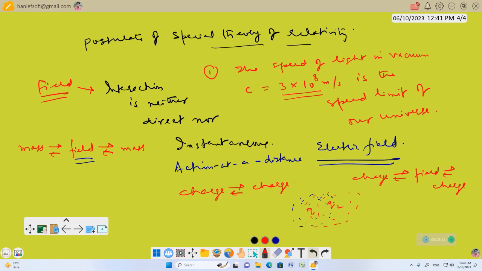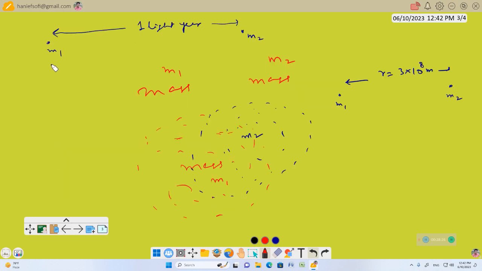Again, if Q1 is moved, there is a disturbance created in its field and that reaches Q2 at the speed of light c, not instantaneously. That means if there are two charges Q1 and Q2 at 1 light year distance from each other, if you move Q1, after 1 year Q2 will sense its movement.